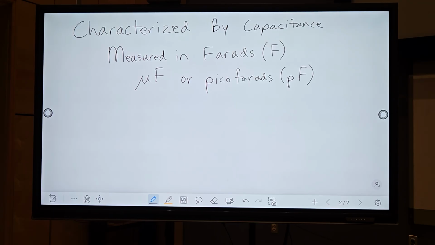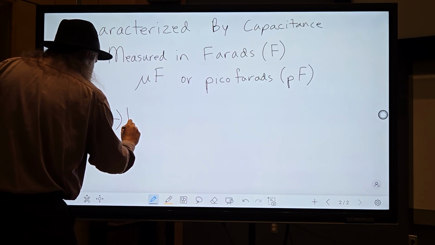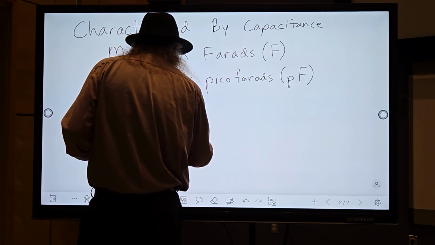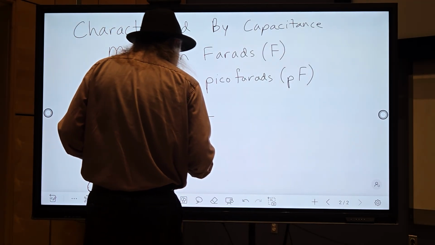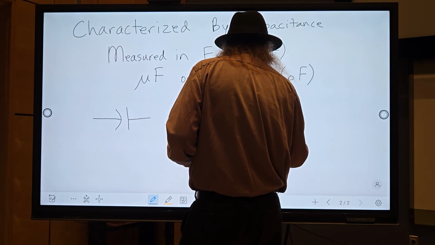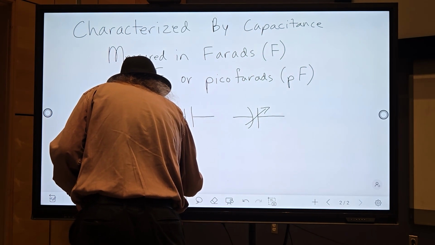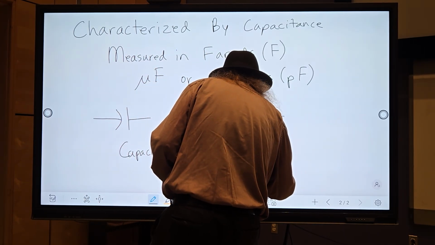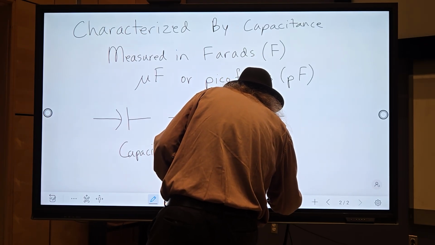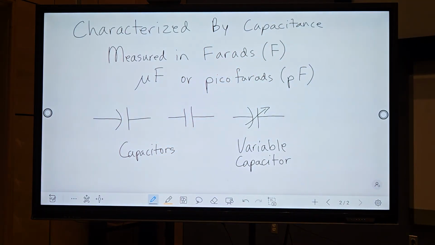Now the symbol for a capacitor, kind of the old version is this version, and the newer version is like this. And the variable capacitor is the symbol on the right.